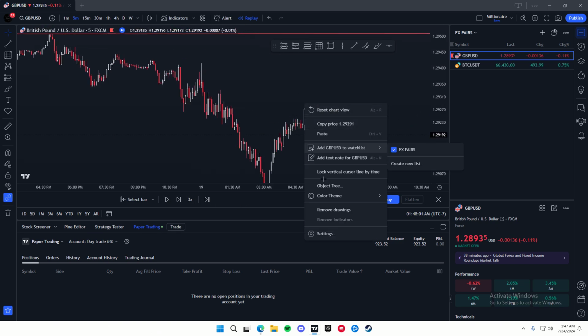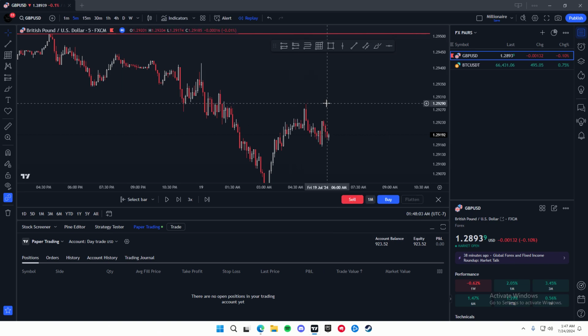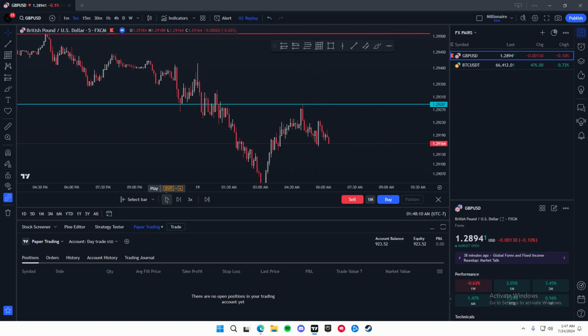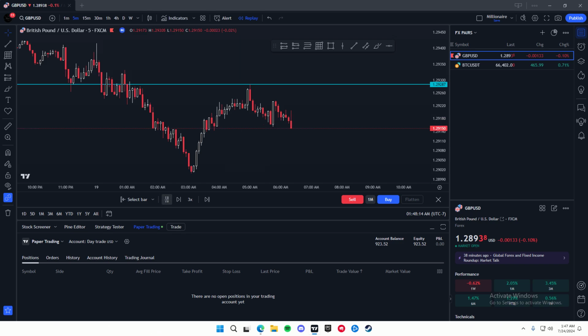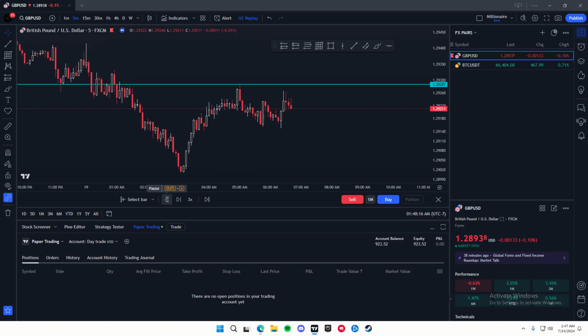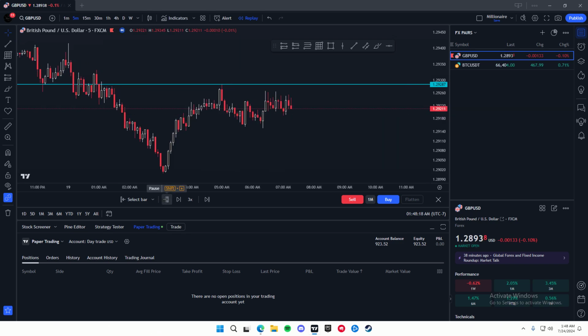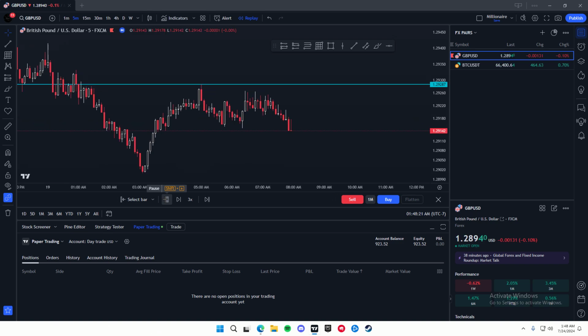I'm thinking it might go up and take this high, but most likely won't. So let's just see how it moves. Okay, so we're still, okay. This is moving very choppy.